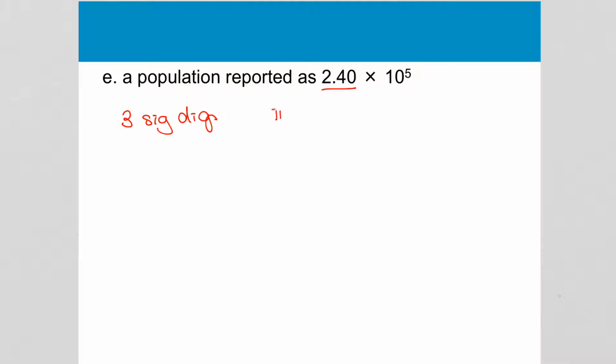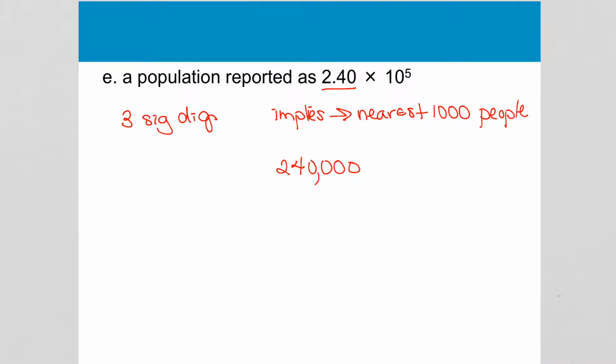And it implies a measurement to the nearest 1,000 people. And you can tell that because if you change from scientific notation, it'd be 1, 2, 3, 4, 5, 240,000.